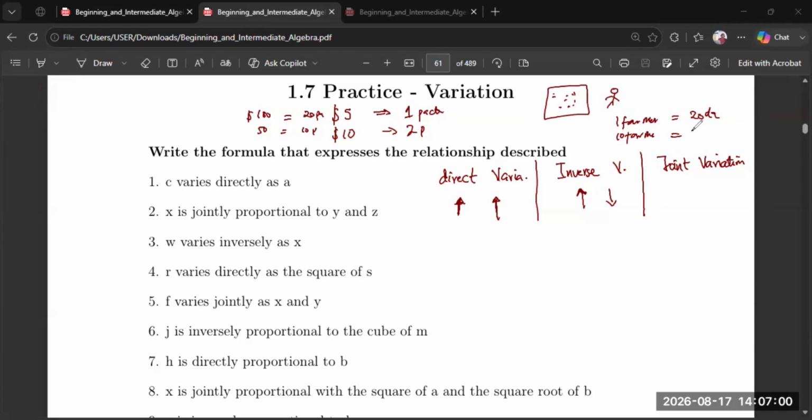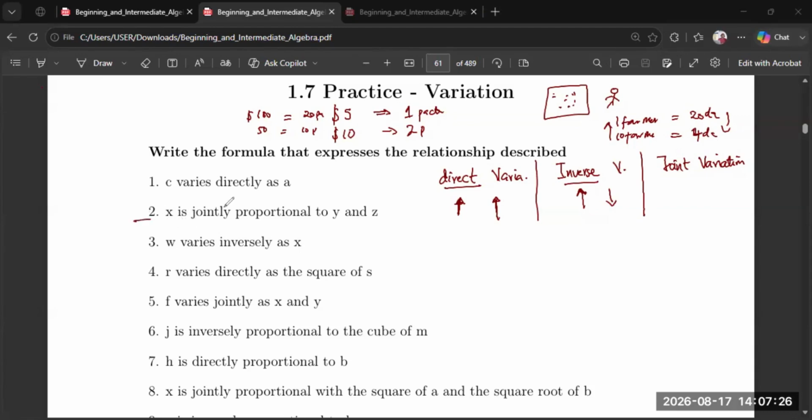Maybe it reduces to 2 or 4 days, whatever. That is inverse. When one is going up, the other is coming down. You see what I mean? Then joint variation, like he said, can be a combination of direct variation and inverse variation, just like we've explained. So that's just to add to your thoughts, so you can always see how this is applied in real life.